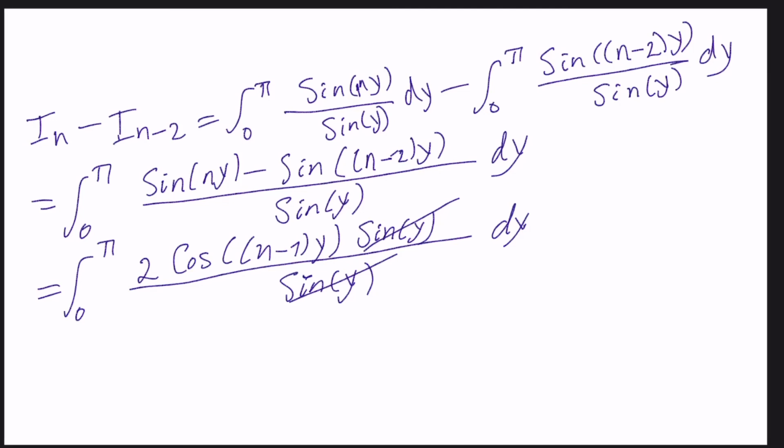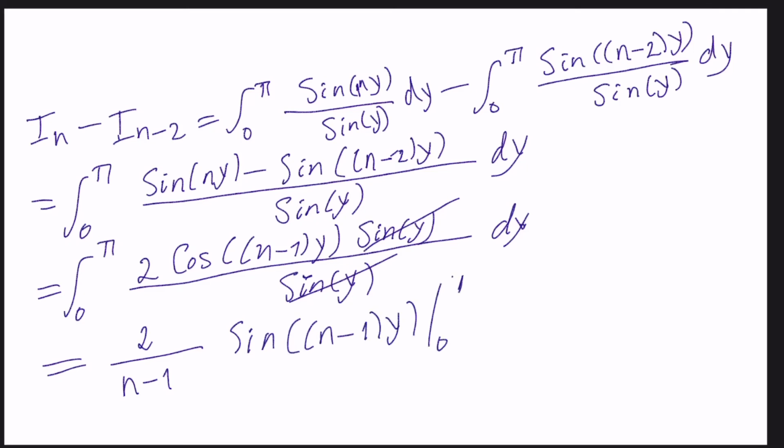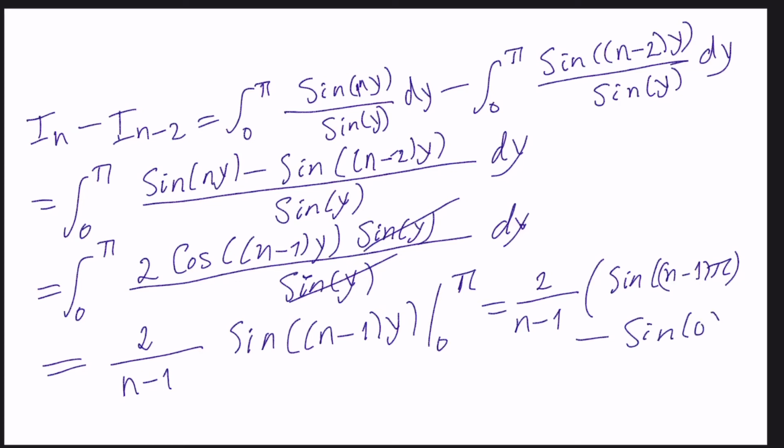Then we can integrate this function, and the integral of cosine is 2 over (n minus 1) times sine of (n minus 1) y from 0 to pi. Okay, and what did we get? We get 2 divided by (n minus 1) times sine of (n minus 1) pi, minus sine of 0, because 0 times (n minus 1) is 0.